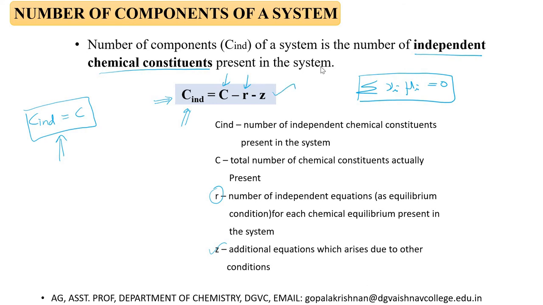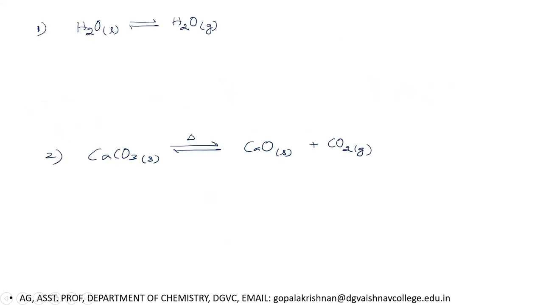Now let me do some examples. This is example number 1. I have a system in which, in a container, we have H2O liquid and H2O vapor, and these two are in equilibrium. In this case it is very clear that the liquid phase and the gas phase contain the same chemical constituent. So the number of chemical constituents is 1, and this is not a chemical equilibrium, it is a phase equilibrium, a physical equilibrium.